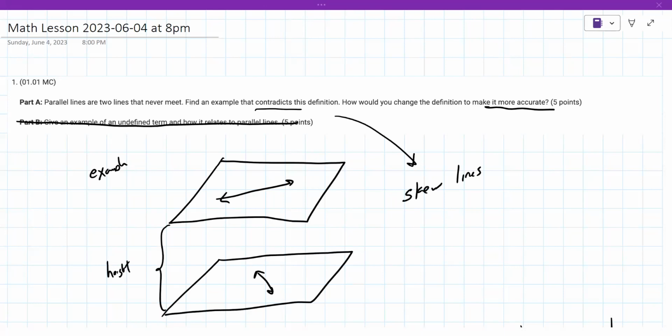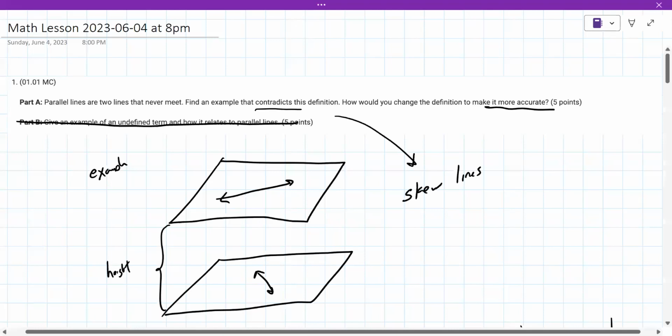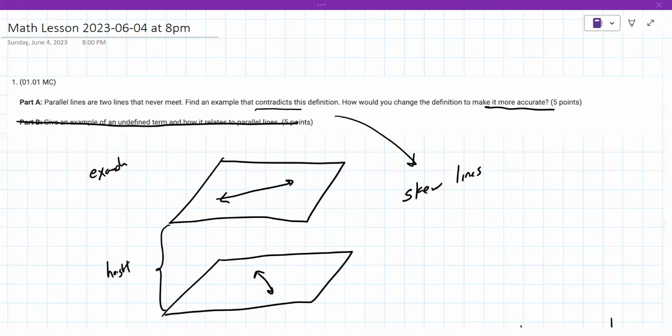Some similarities are that both find the middle and result in two congruent angles. Perfect.